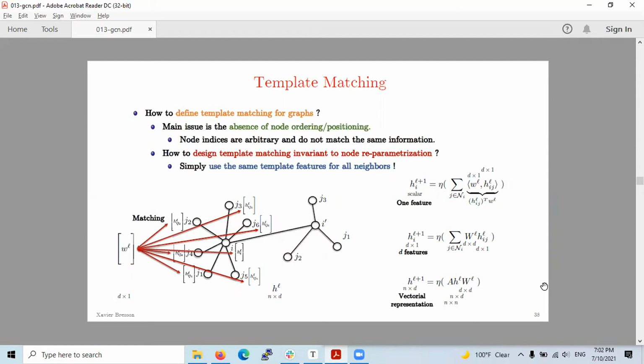Just like you made the point that there is no positional information, node 1 can be 1 by somebody and 10 by somebody else, depending on where you start counting. Once you convert it to a Laplacian, because you're injecting all the degree information, it becomes more invariant in the positional sense.